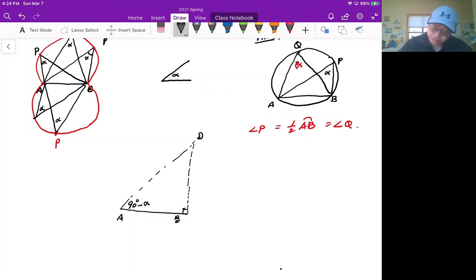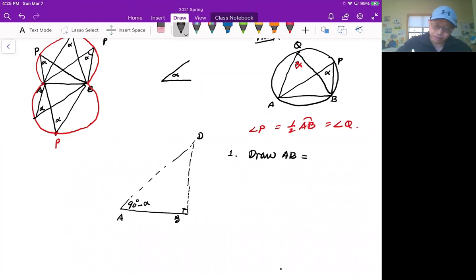So basically, step one, oh wait a second. So I have to draw segment AB with a given length, right?